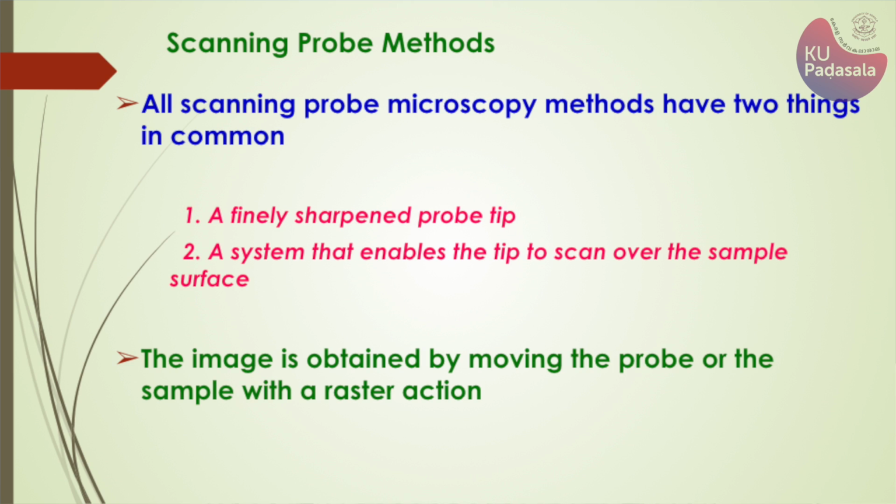Another one, scanning probe methods. In the scanning probe methods, there are two important things in common: a finely sharpened probe tip, and a system that enables the scan of the tip over the sample substance under consideration. The image is obtained by moving the probe on the sample in a raster action or pattern.